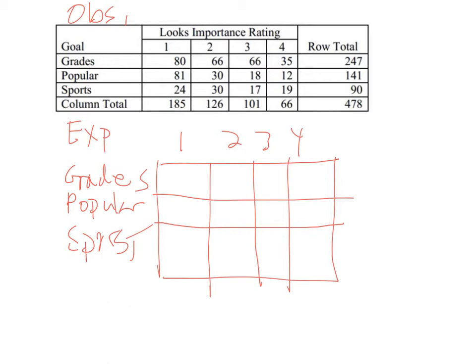We're going to take the column total for that number 1. We're going to take the row total for the grades and multiply them, and then divide them by the table total. So to get that value, I'll do this. 185 times 247 divided by 478, and if I do that on my calculator, let's see, what do I get here?